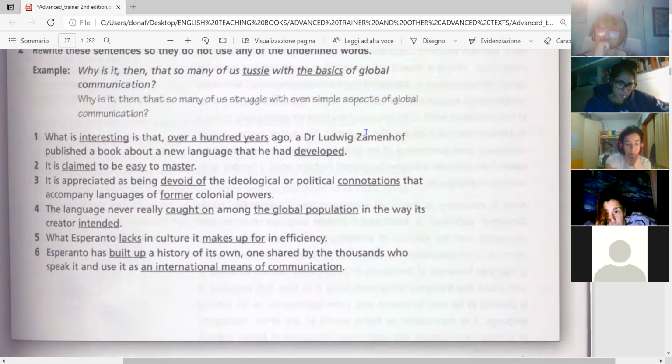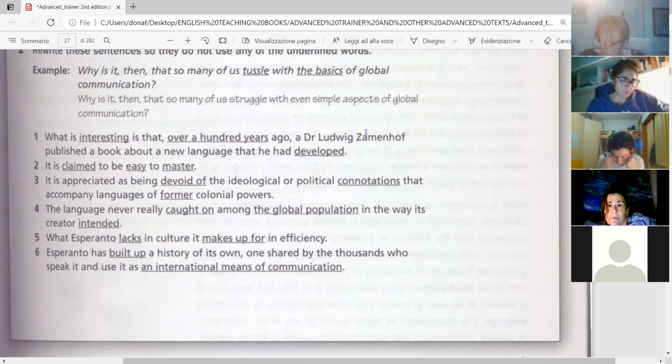What do you put, girls? Don't tell me written, because it's not written. Yes, it's developed. So what could you use? I think that the best one could be designed.